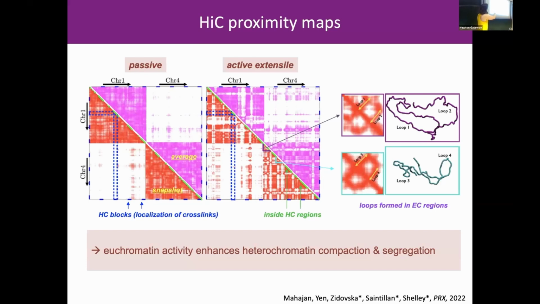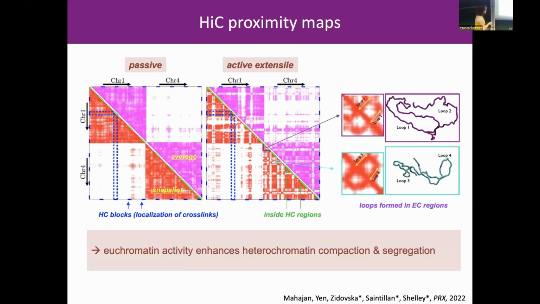How this plot is generated: the bottom part, the red plot, is just a snapshot at one single time point that we take from our model, and we compute the contact probabilities. And the upper triangle here, that's the average over our entire measurement.